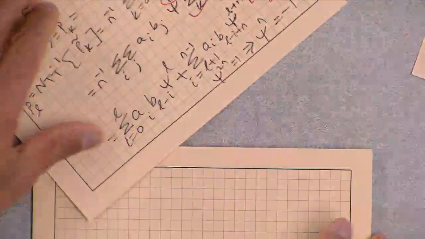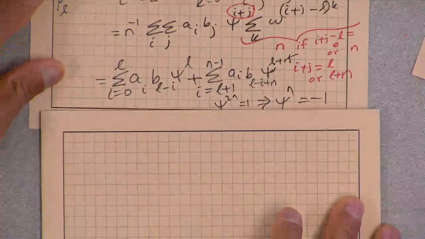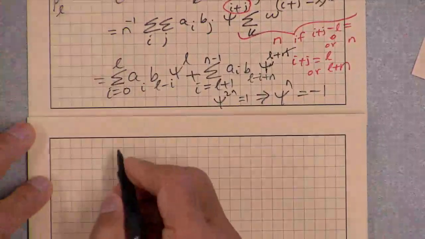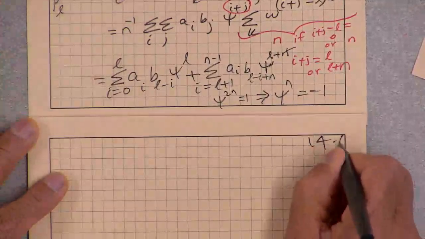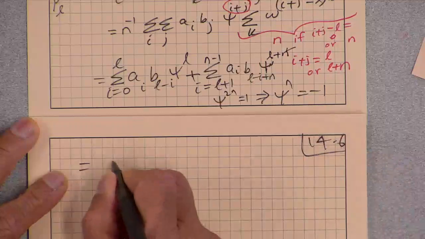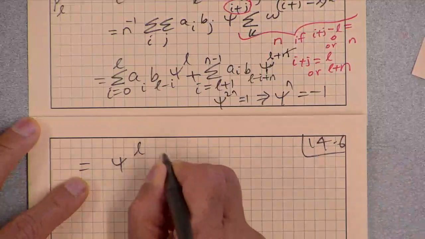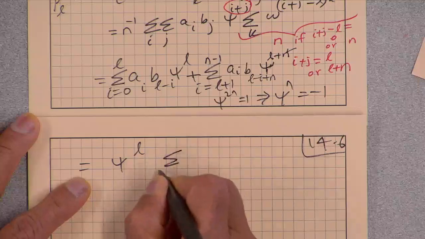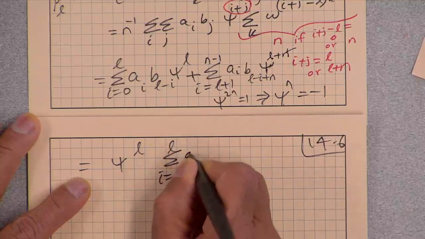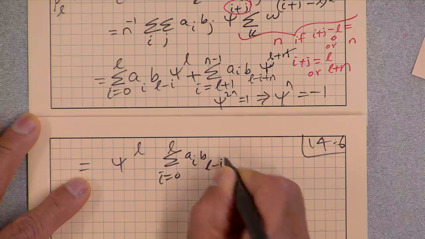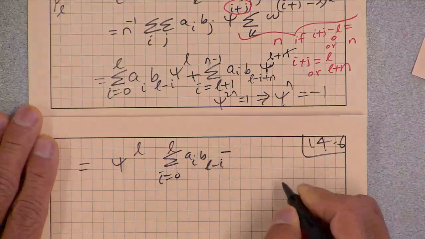So then I can write this as psi to the power L outside the bracket, summed over i equal to 0 to L, a_i b_(L minus i), minus, why minus sign?